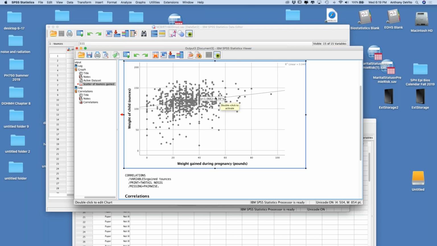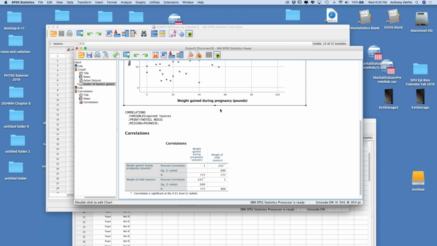So for y, the weight of the child, 0.36 is the weight gained by the mother. So for every 10 pounds that the mother increases her weight, the weight of the child goes up by 3.6 ounces. Okay, so that's one of the ways I might interpret this.